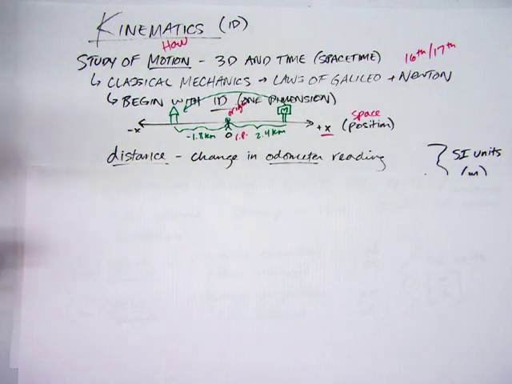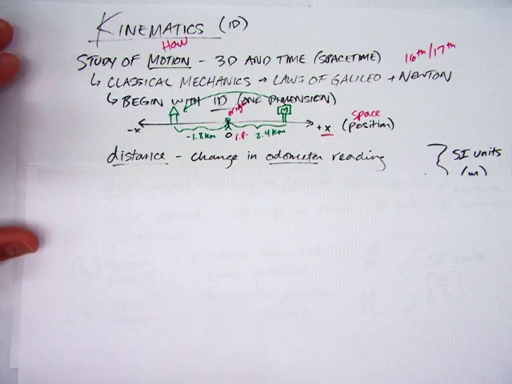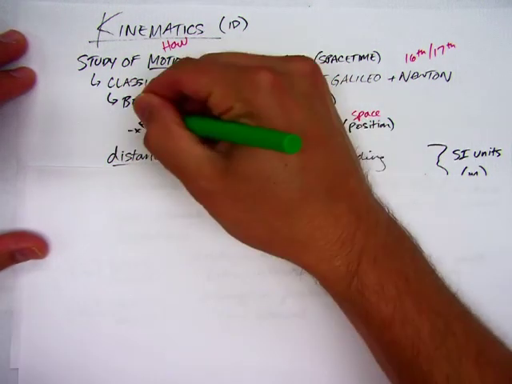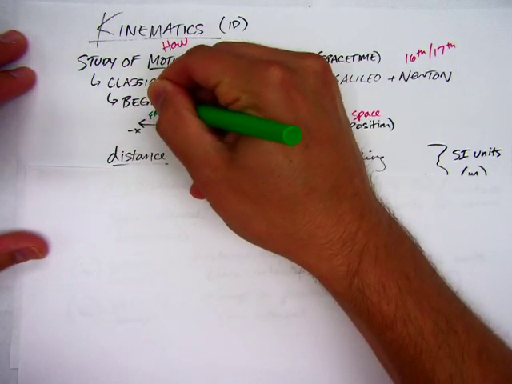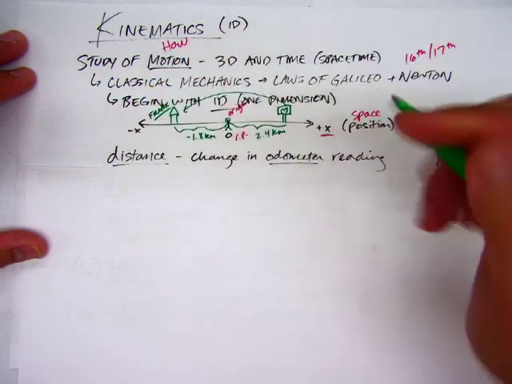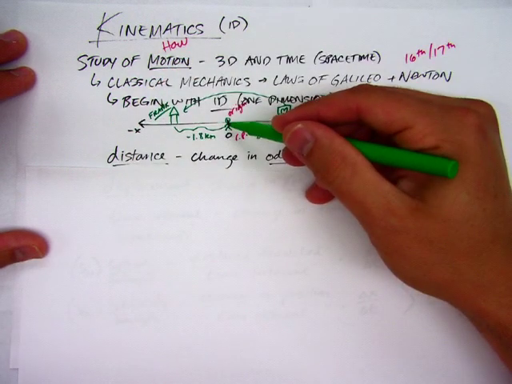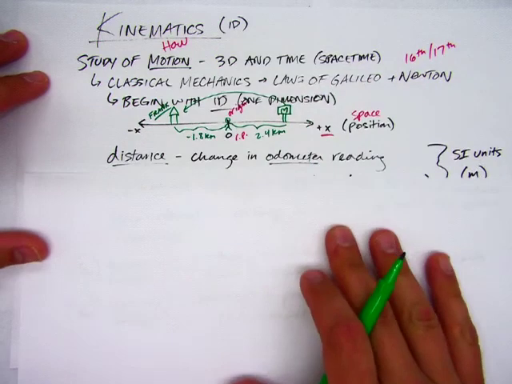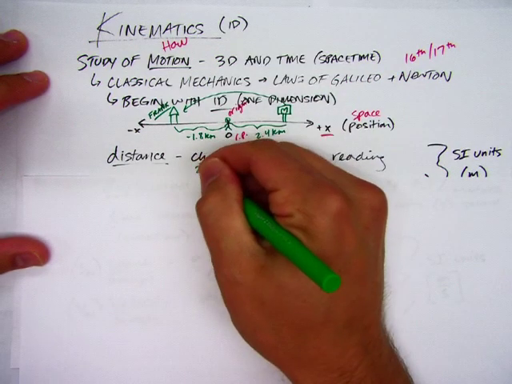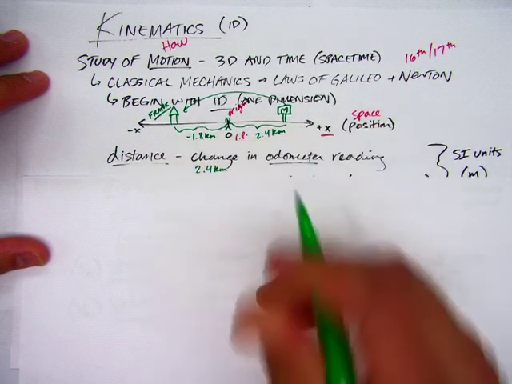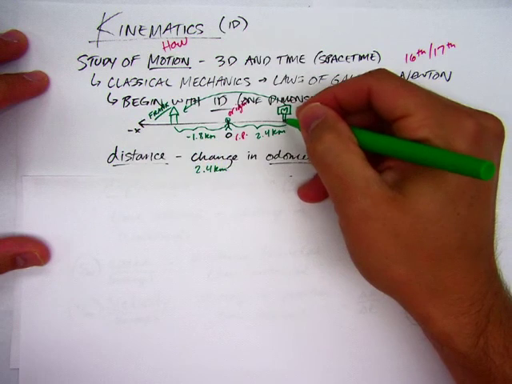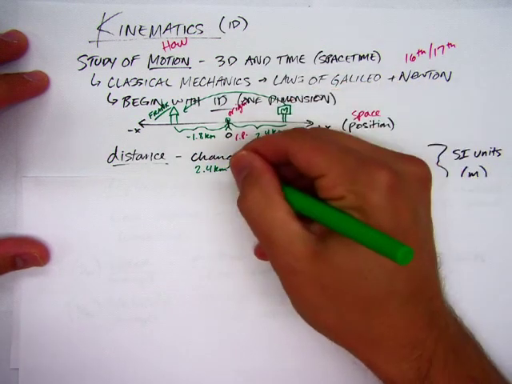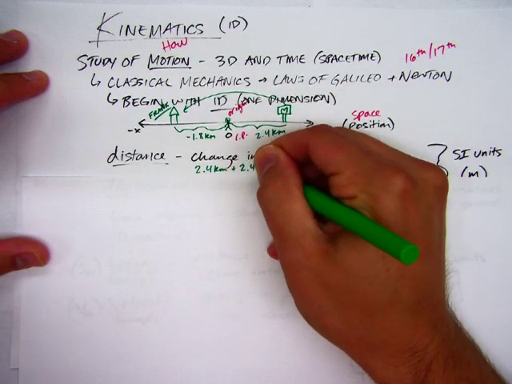So how much distance did you travel from where you started to when you got to Frankie's house? So you would say, well, I started at position 0. I moved to position 2.4, so the first length I went is 2.4. Then I walked back to my original position, which is another 2.4 kilometers.